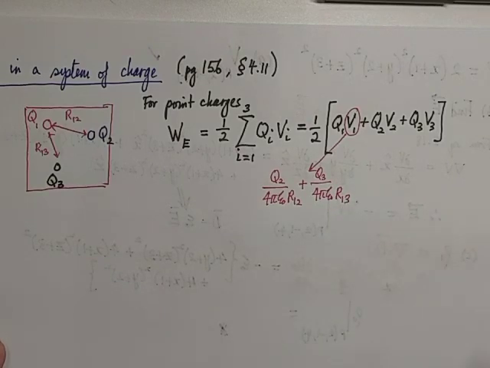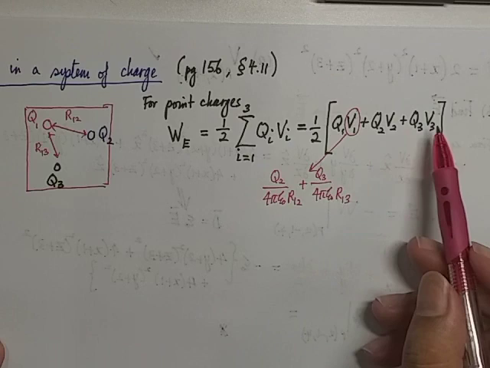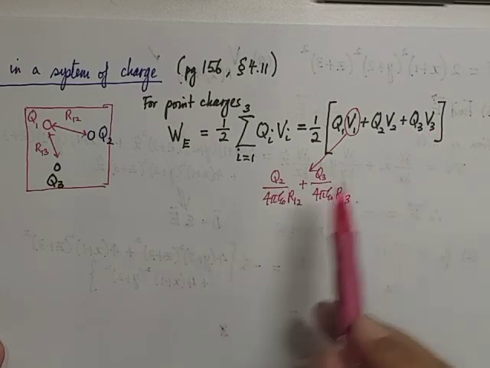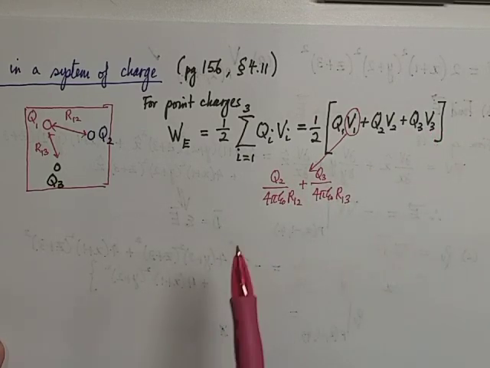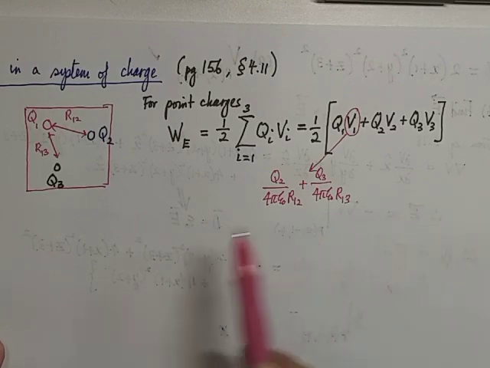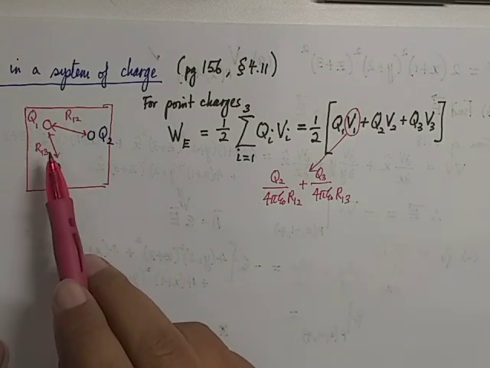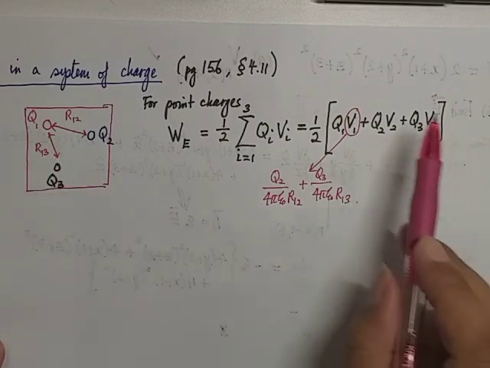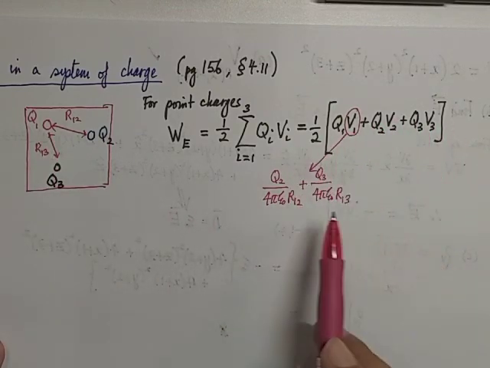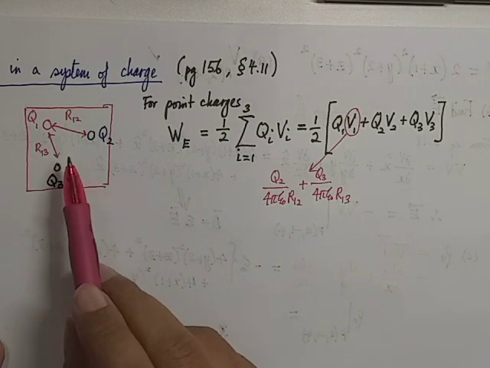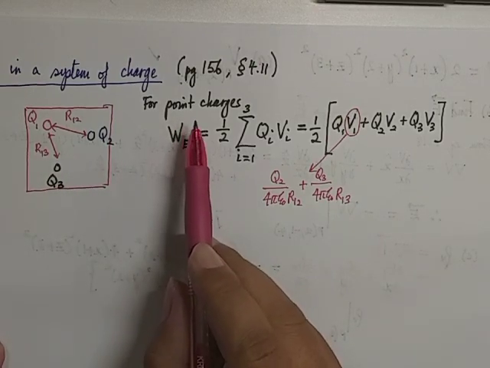So that should be our V1. And you can do the same with V2 and V3, so you're going to have a nice set of equations. Then you substitute the values of the charges and the distances, and you're going to determine the total energy stored by the system of point charges. That should be the way.